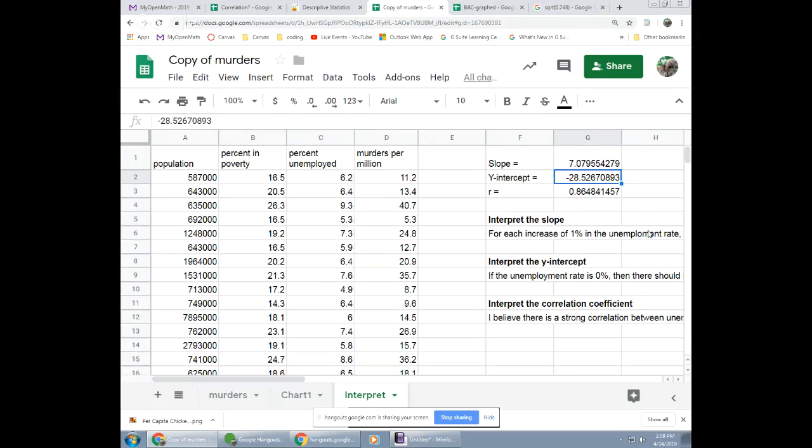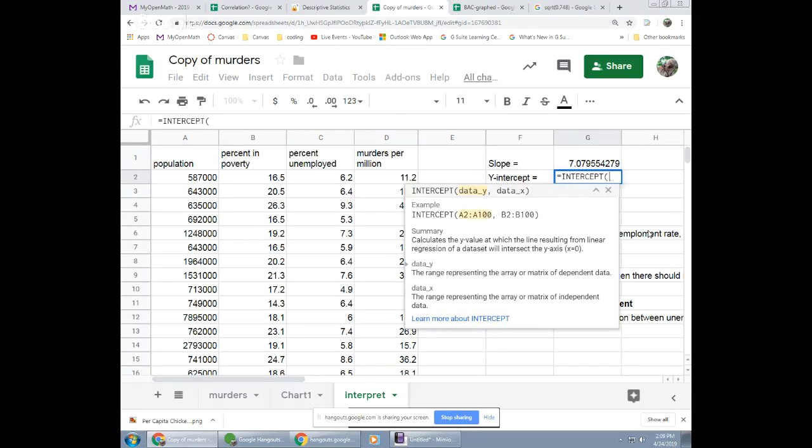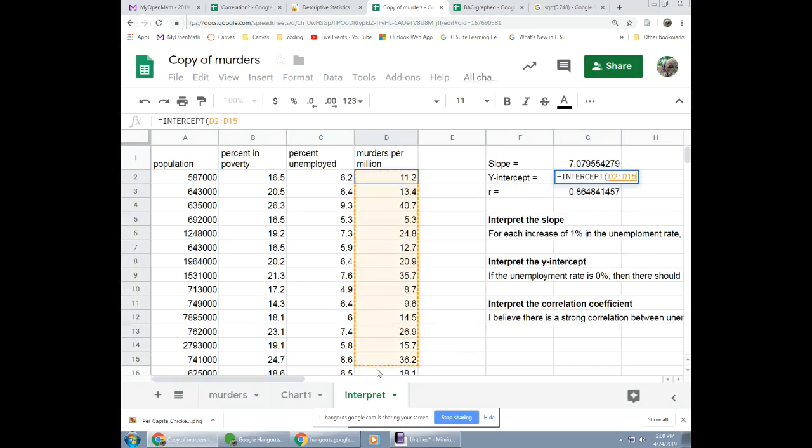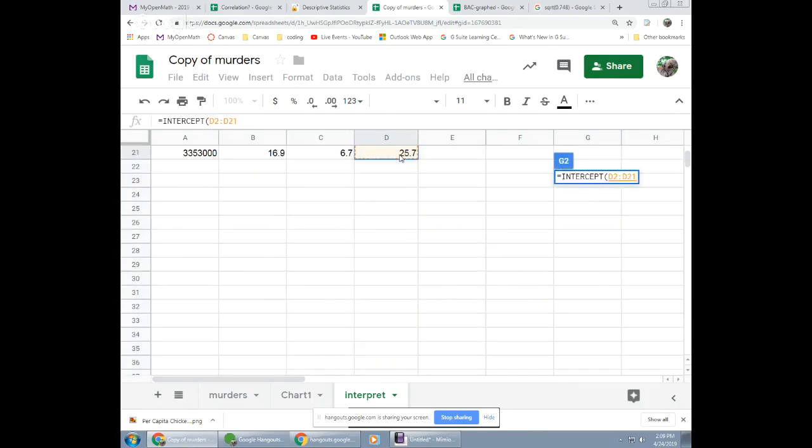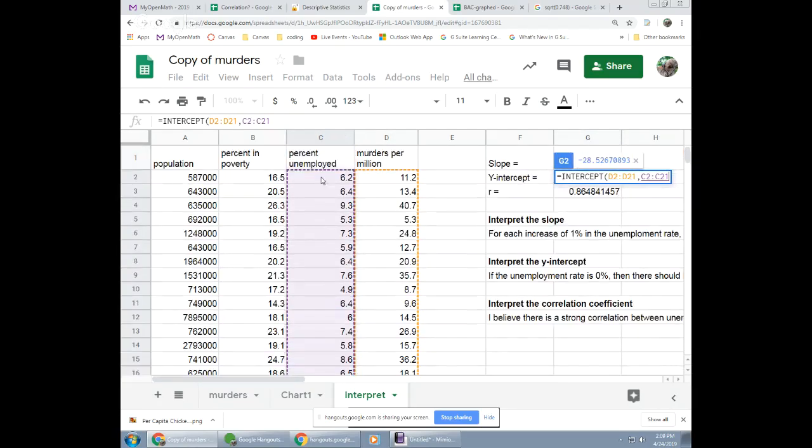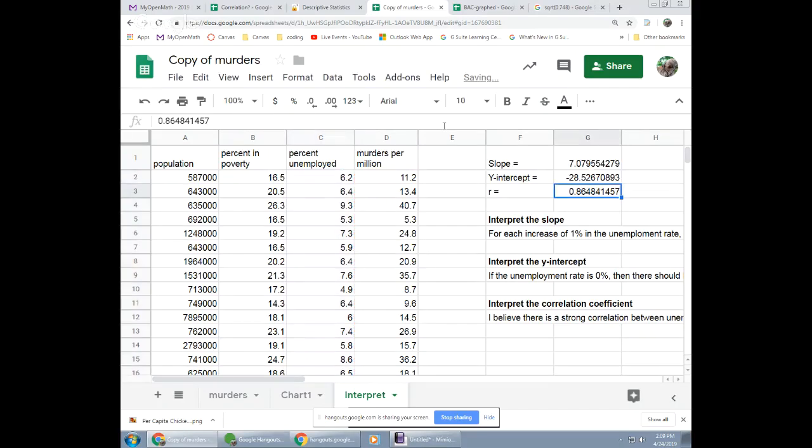Y-intercept is pretty similar: equals intercept, and then y data first, comma, x data second. Close parentheses. And this right here, the 0.86, that is the correlation coefficient, not the coefficient of determination. That is called Pearson. Why Pearson? Well, Pearson was a very famous statistician, and he is one of the pioneers of this method.